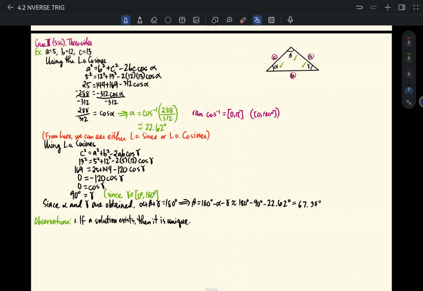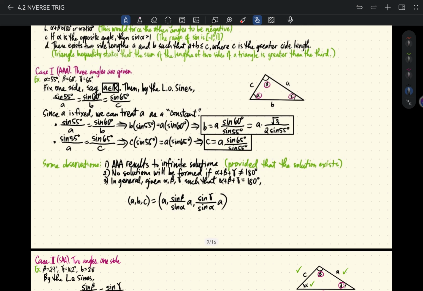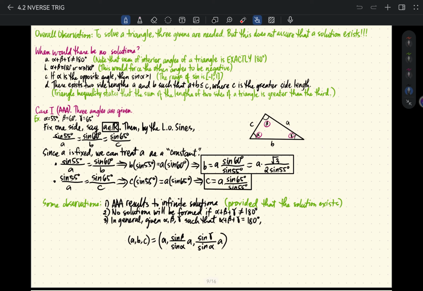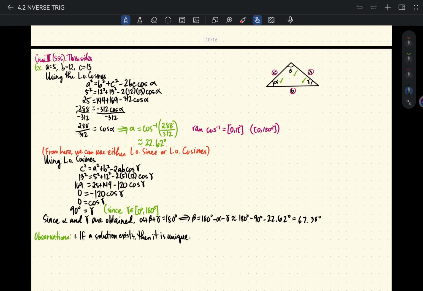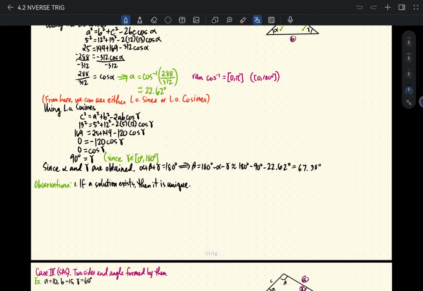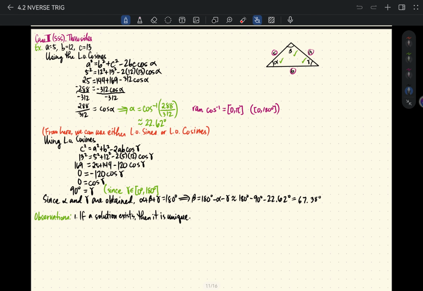So as you can see so far, it's not too complicated. Here you have infinite solutions, provided it exists. And the only reason for it being infinite is because we can do some scaling on our triangle. But for case 2 and case 3, they're really unique. However, when will we have no solutions at all? As you can see here, what's given are 3 sides.